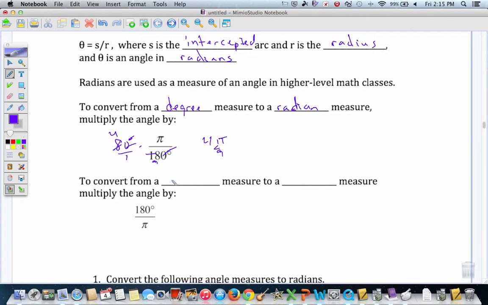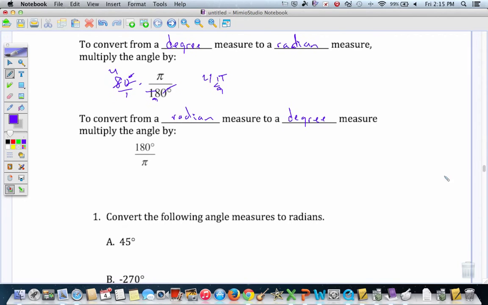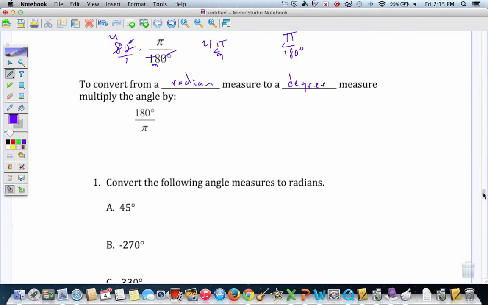On the flip side of that, if we want to convert a radian measure to a degree measure, we multiply by the reciprocal, or another conversion of 180 degrees over pi. So those are our two conversions, pi over 180 and 180 over pi, depending on whether we're converting from degrees to radians or radians to degrees.